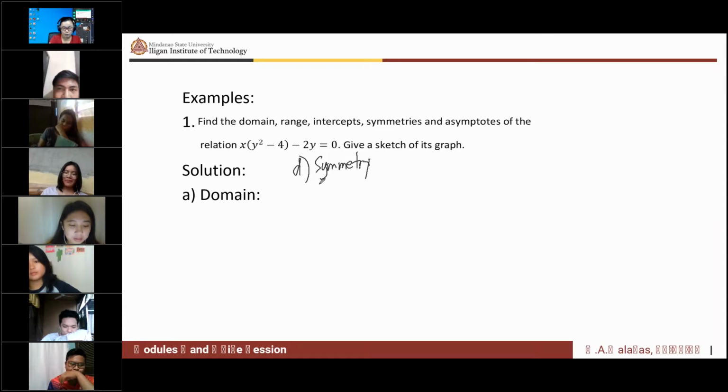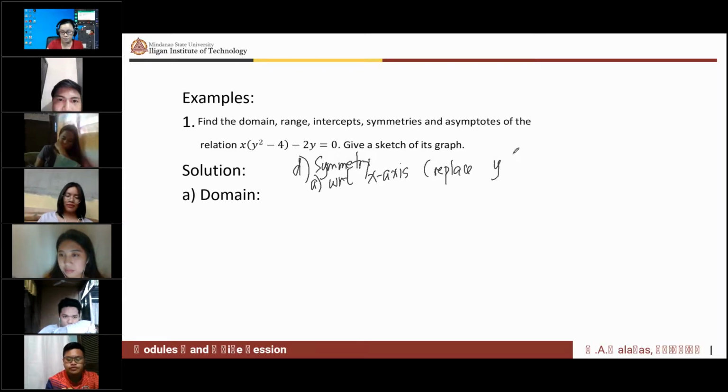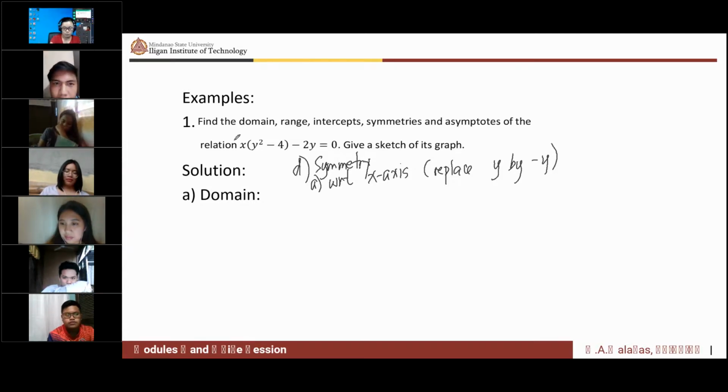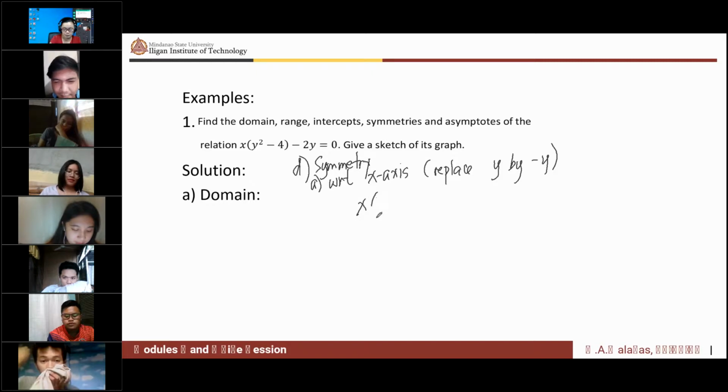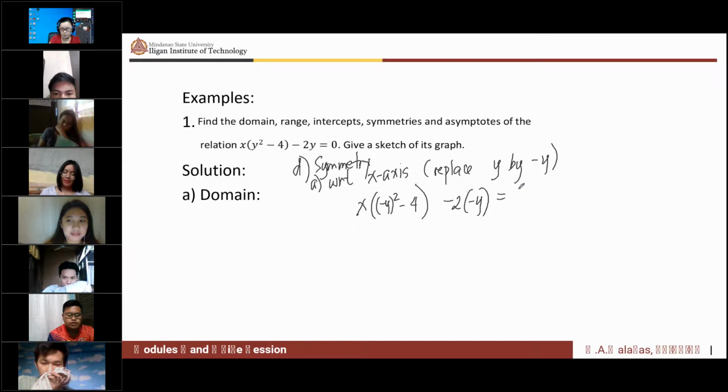So symmetry with respect to, you read this as WRT, with respect to the x-axis. So with respect to the x-axis, what do we replace? Replace y by negative y. So we have x times negative y squared minus 4 minus 2 times negative y equals 0.